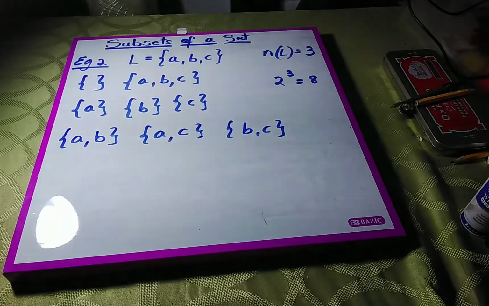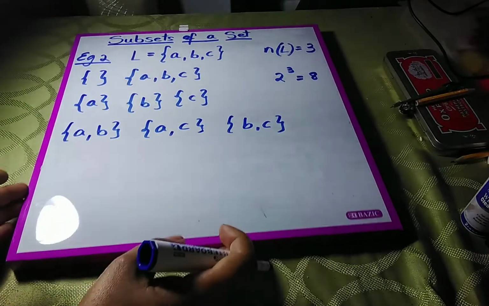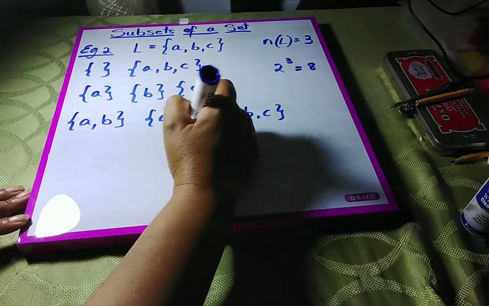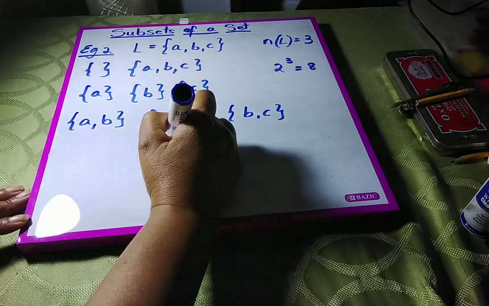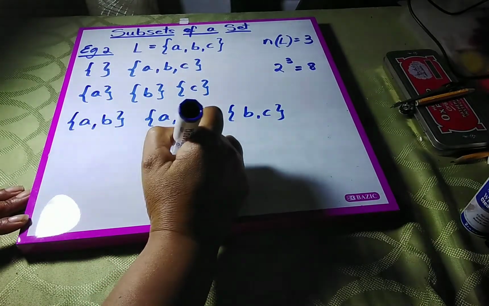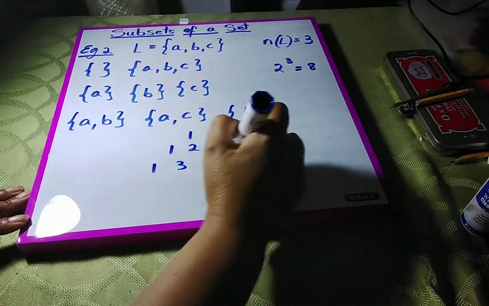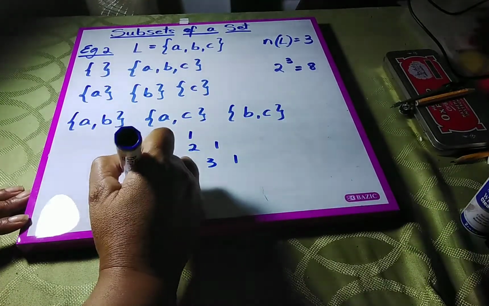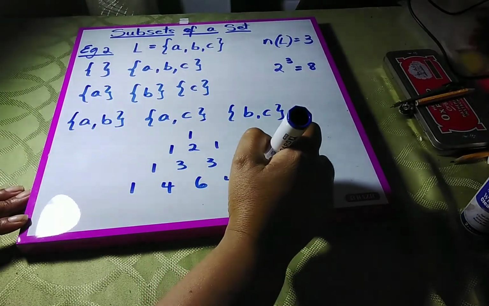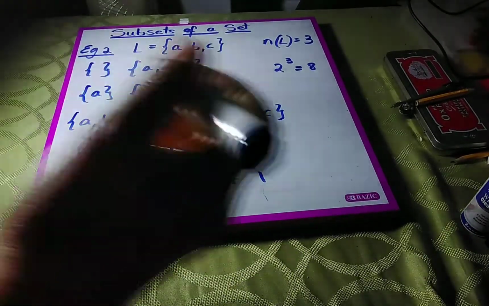Now I mentioned the triangular pattern. That too can help us. We have 1; 1, 2, 1; 1, 3, 3, 1; 1, 4, 6, 4, 1. We'll stop right there.